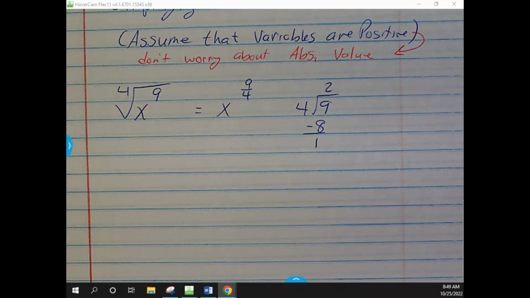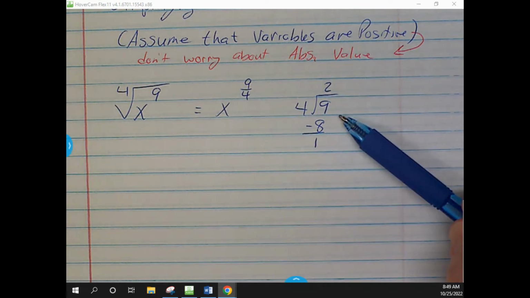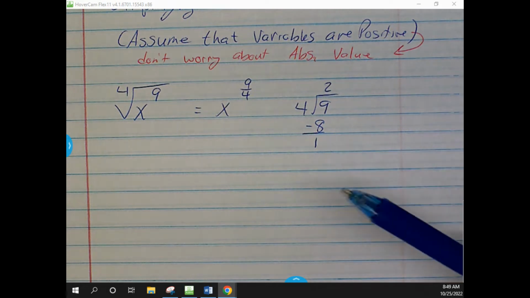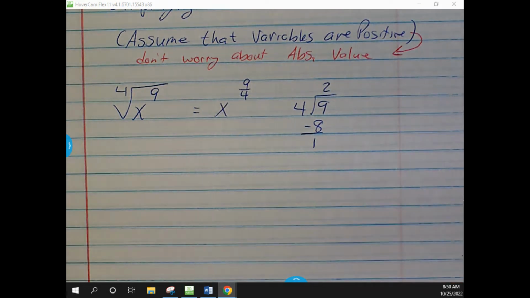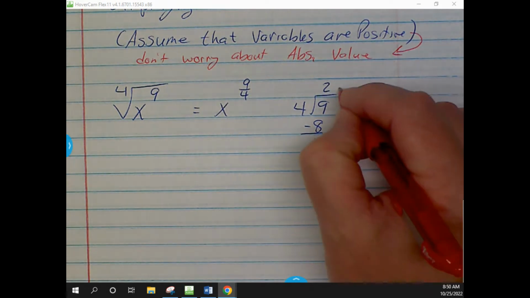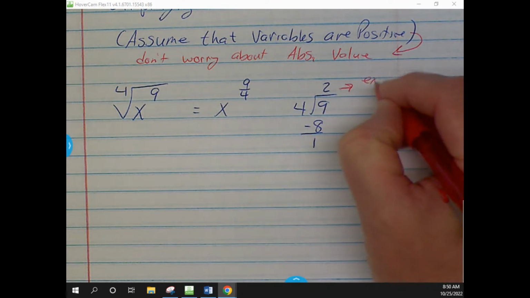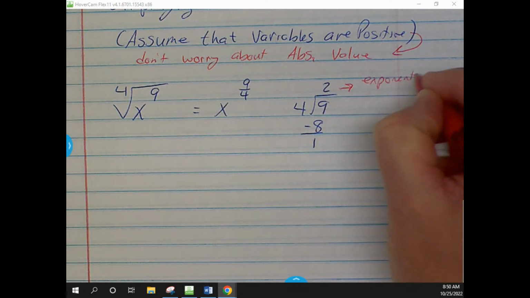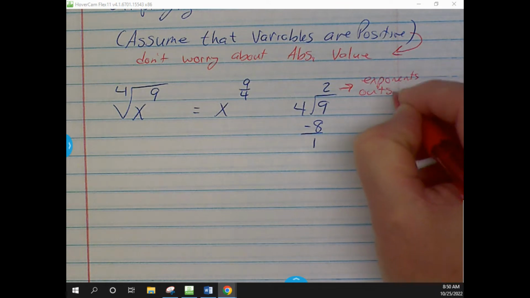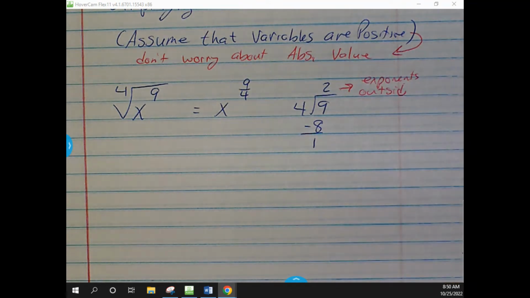All right, and if you can do third grade division, then you can do these variables because that's all you're going to do. You can divide those numbers. Now, here's the big thing. The top number you get here tells you how many exponents go outside. So this is your exit buddy. When we were doing exit buddies before, this is basically your exit buddies.